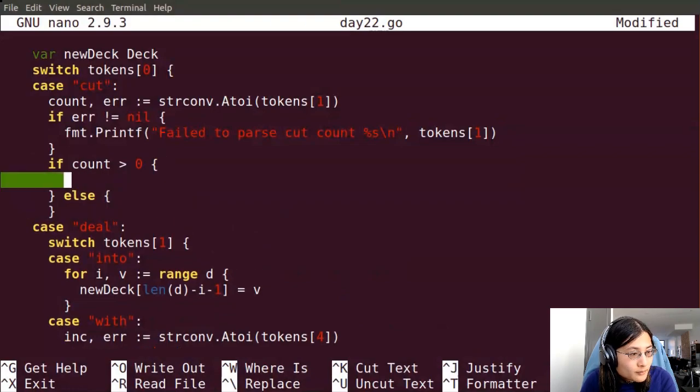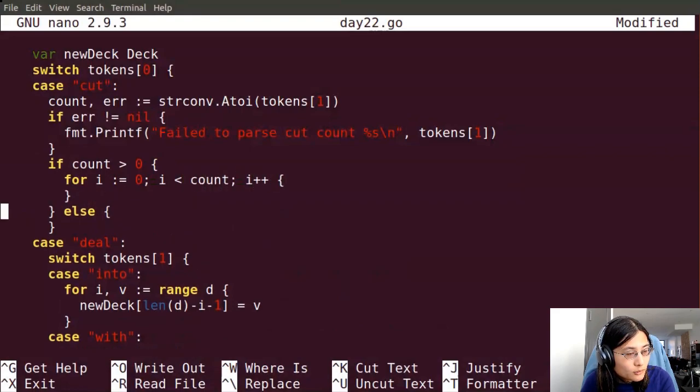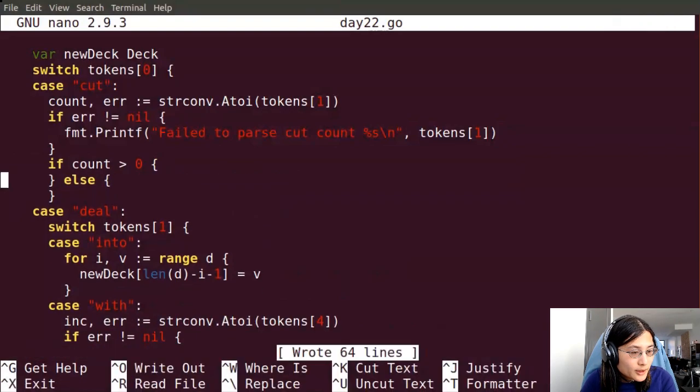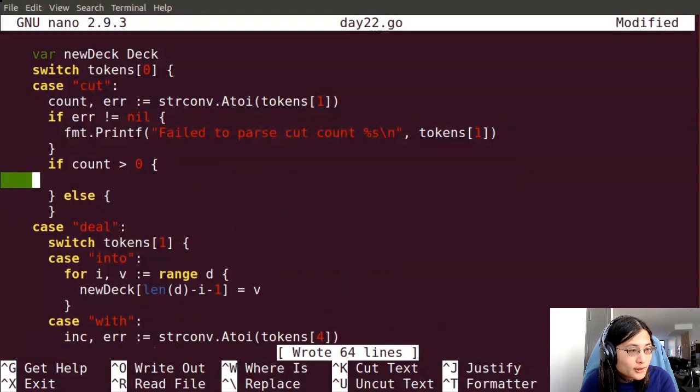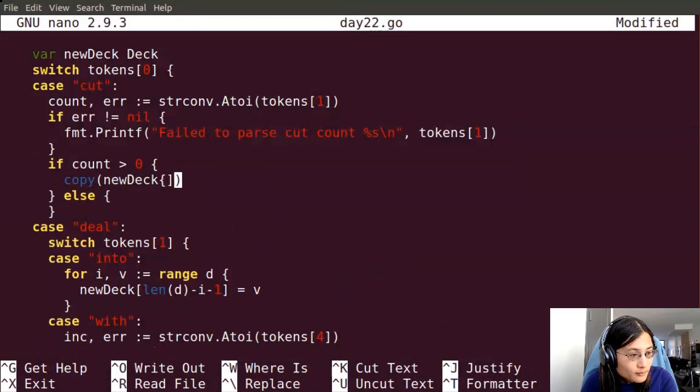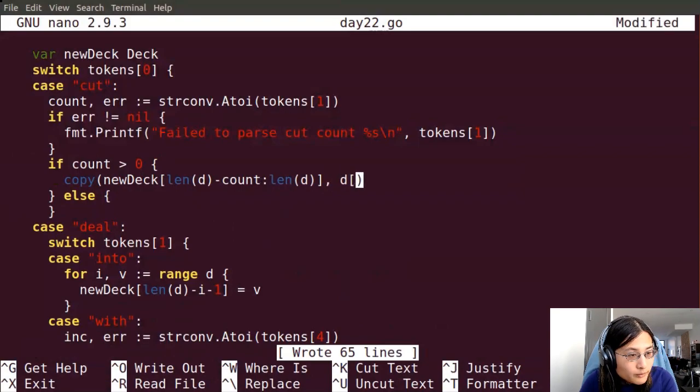All right. Actually, wait, there's an easier way to do this because I can just copy. I think that'll do it.